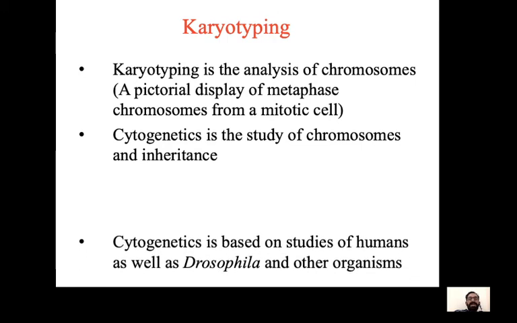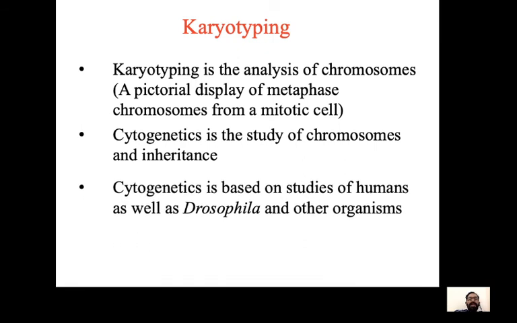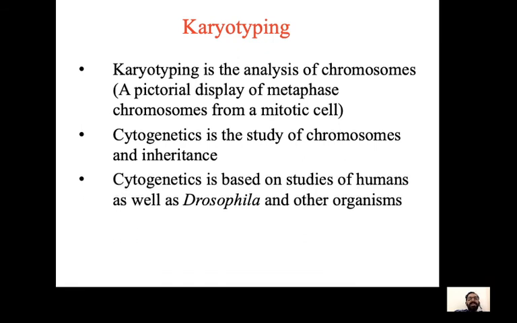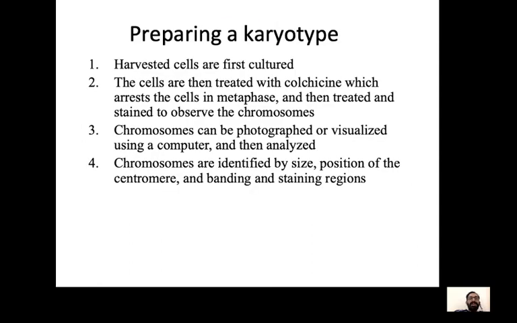Most of the cytogenetic studies are based on human and Drosophila and a few other organisms. Drosophila is a fly and it's easy to use as an experimental animal for the study of chromosomes. And with human, everything revolves around the human. All the studies focus on the well-being of the human, so human is also studied.